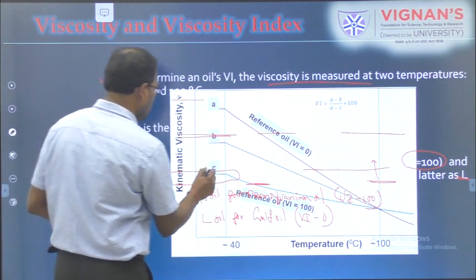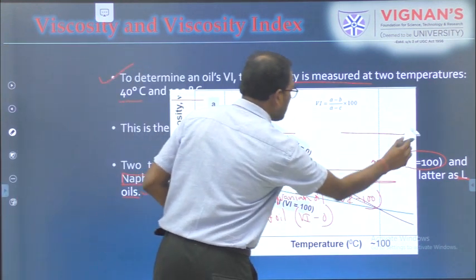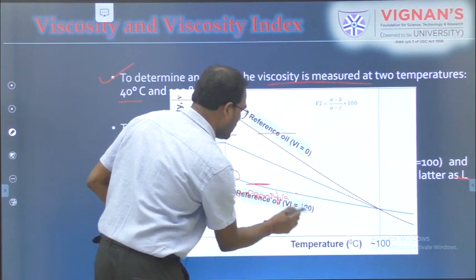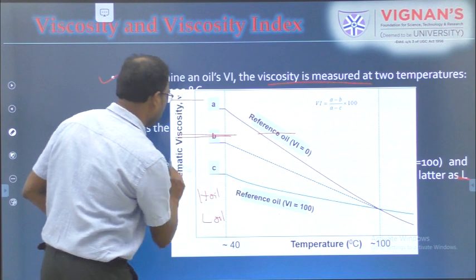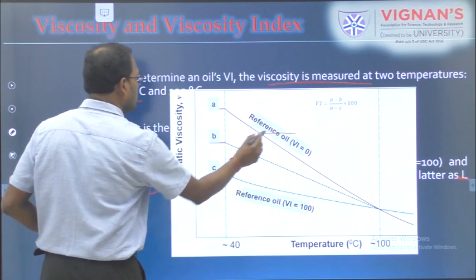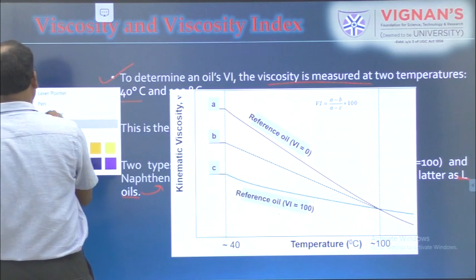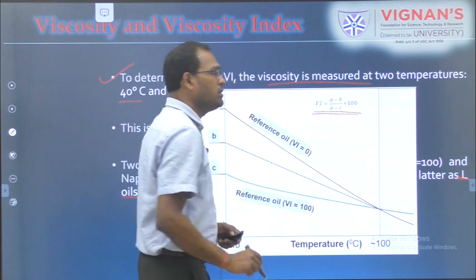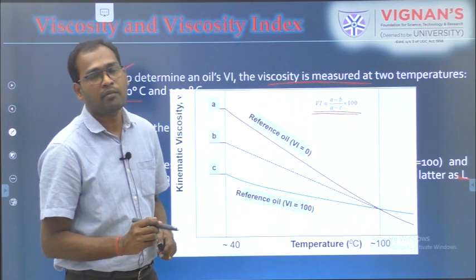simple equation, which is given here at the right corner of this graph, viscosity index is equal to (A minus B) into 100 divided by (A minus C).